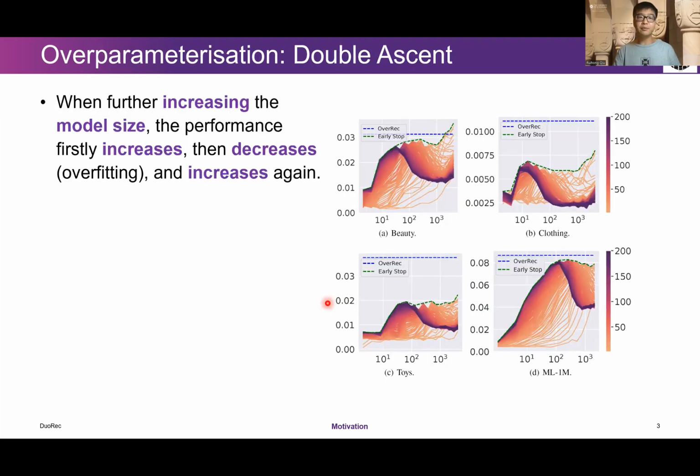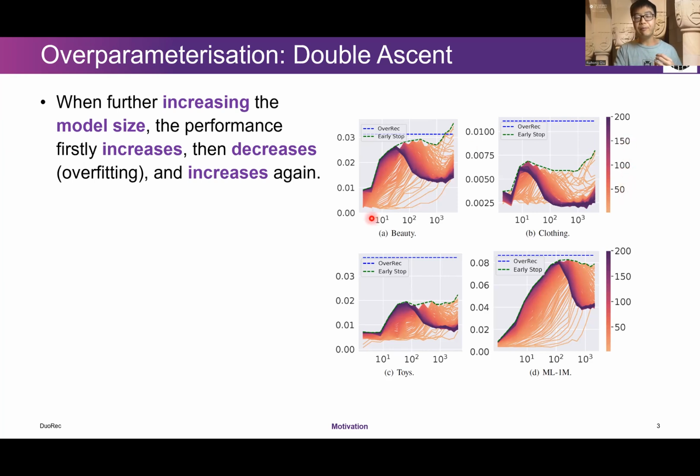In our sequential recommendation problem, we did an experiment to further increase the model size to make the model complexity even larger. Here is our experiment result, visualized in these four figures. They mean four different datasets. The color bar here means the training epoch. We train every model for 20 epochs.